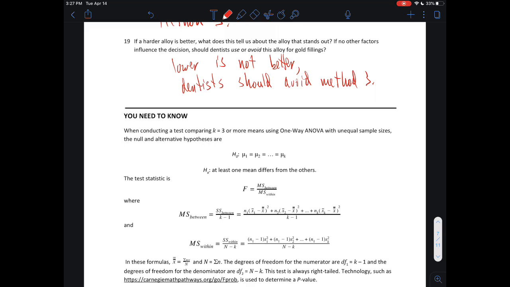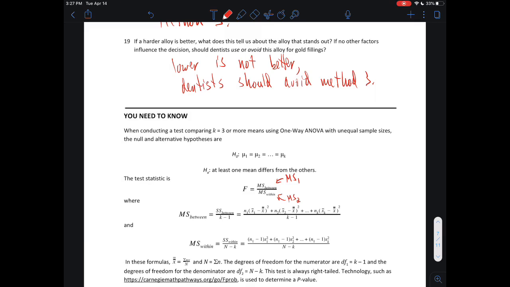And the alternative hypothesis is at least one mean differs from the other. The test statistic is this ratio, MS between divided by MS within. And again, based off of our calculator, this is the first MS value, MS1 we can call it, divided by MS2, the second MS value that comes up on our calculator.